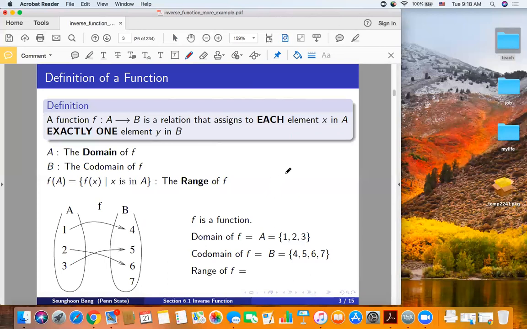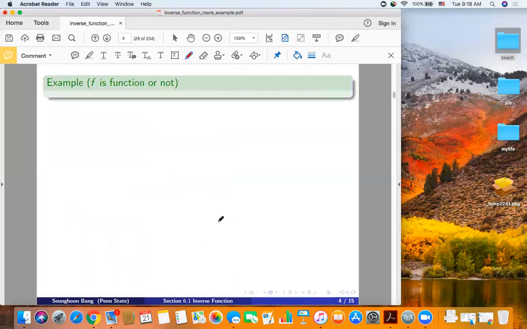What do you think? The range of f is the assigned numbers. We have 3 numbers: 4, 5, 6. This is the range. Okay, next one.